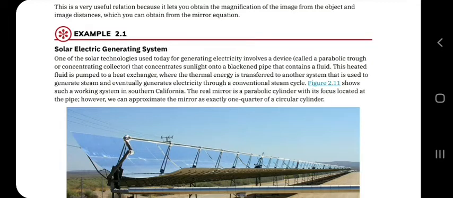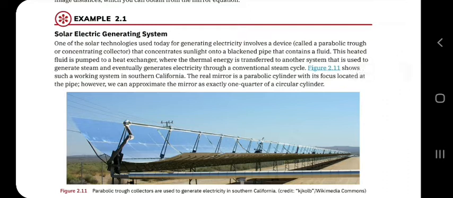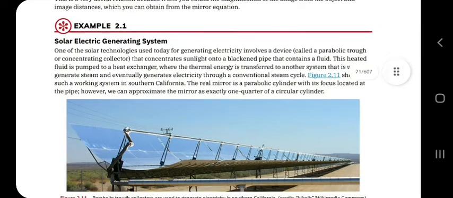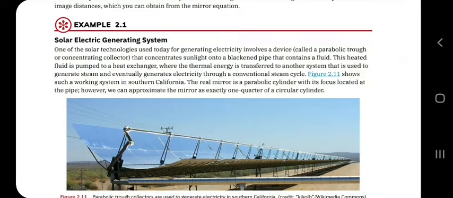Lecture 6, mirrors and lenses. Example 2.1, solar electric generating system. One of the solar technologies used today for generating electricity involves a device called a parabolic trough, or concentrating collector, that concentrates sunlight into a blackened pipe that contains a fluid.